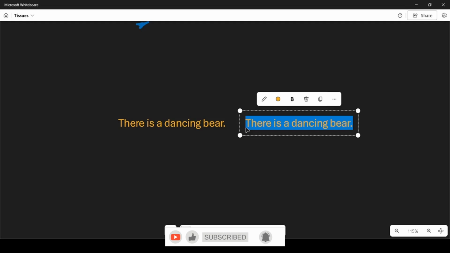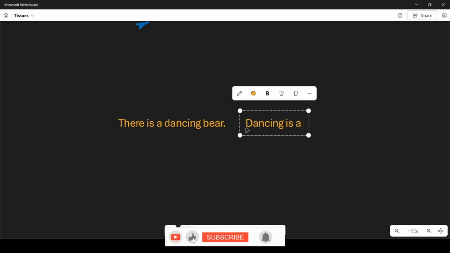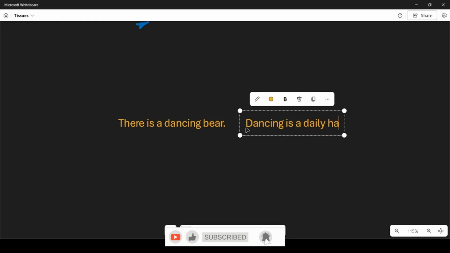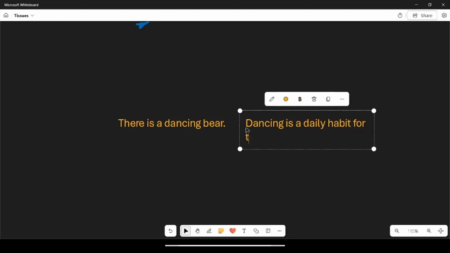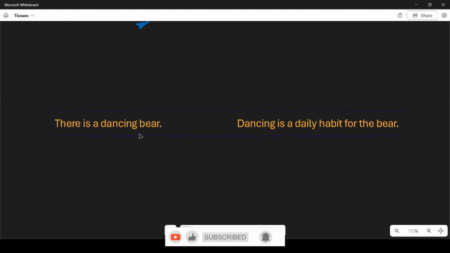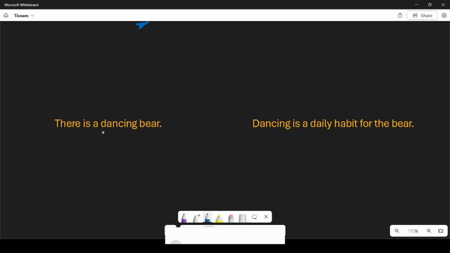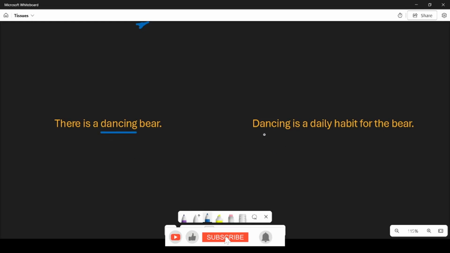Dancing is a daily habit for the bear. Now we have two sentences over here, and both the sentences have the word dancing.